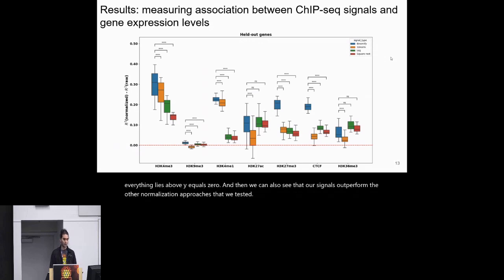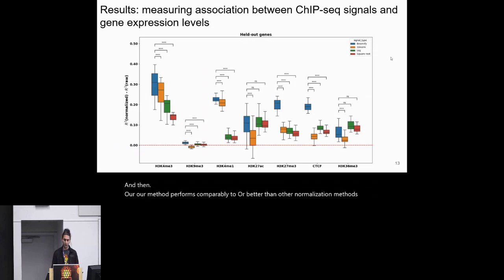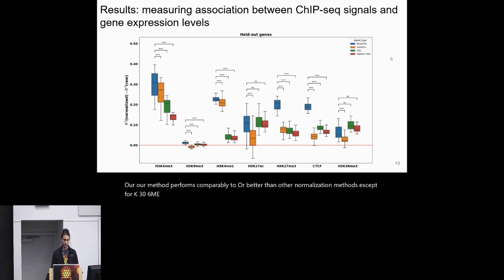The pattern holds generally for other assays as well. For most assays, all normalization signals tend to do better than unnormalized signals. And our method performs comparably to or better than other normalization methods, except for K36ME3. We're developing the model a bit and hoping to bring these numbers up.